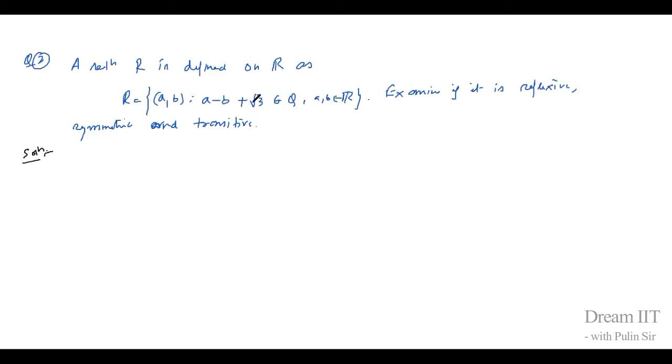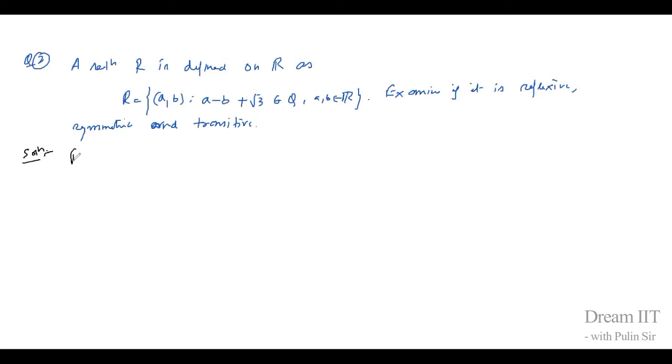Last day also I told you, when somebody asks you to examine, then we should always think a little differently. There is a possibility that it may not be an equivalence, right? So we try to look for the counter example. So here also we'll do the same thing, right? For reflexivity there is no problem. Directly we can see it is reflexive.